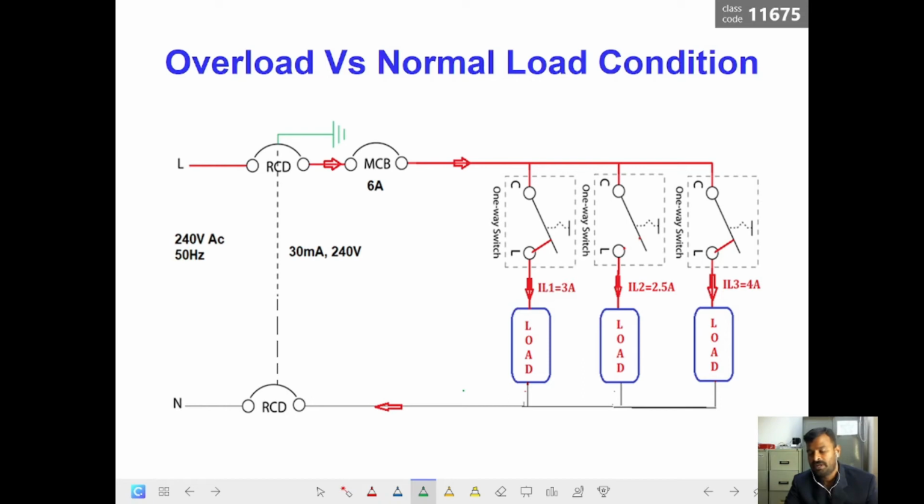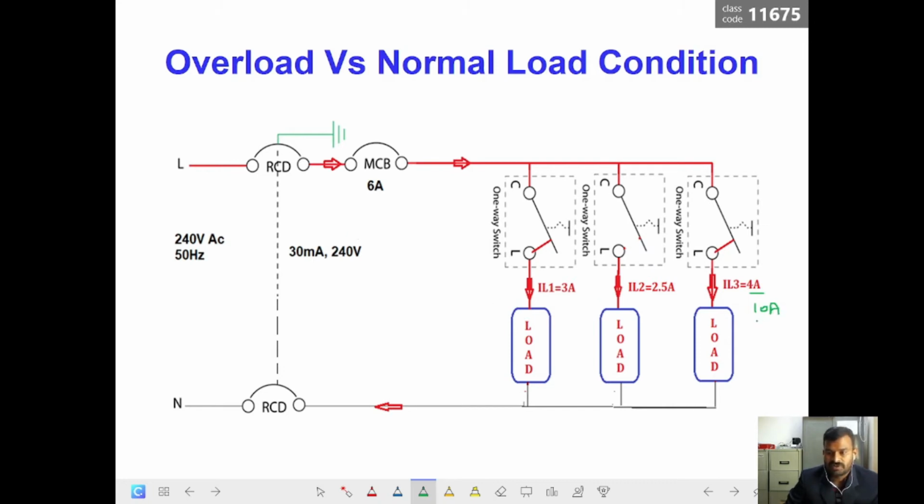But if you compare to the short circuit, it will definitely take more time than that. And suppose instead of 3 and 4 amperes, the third load consumes, say, 10 amperes of current. We will not design like this, but just for explanation I tell you.